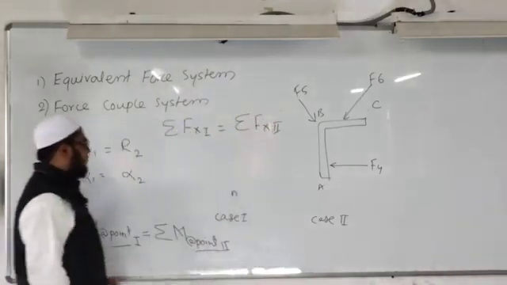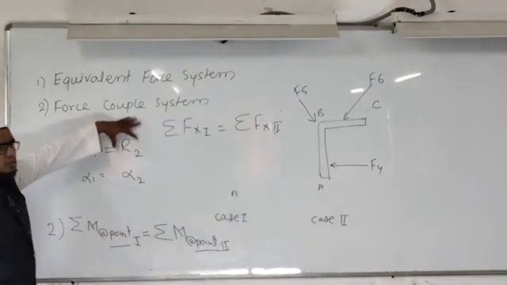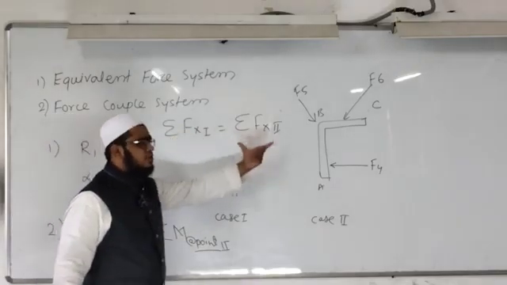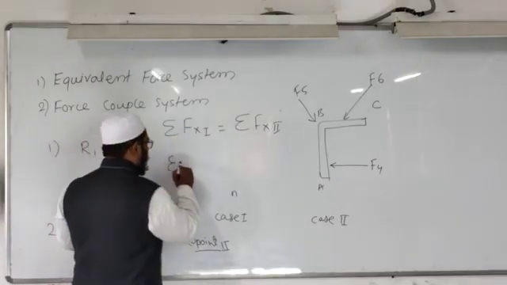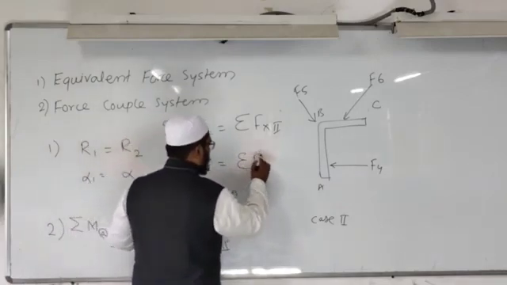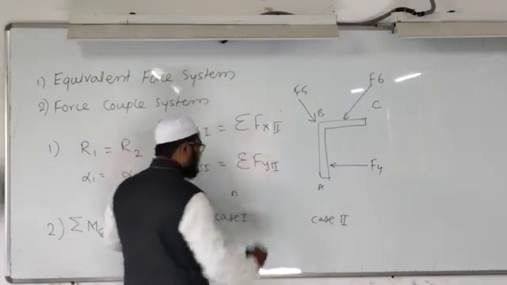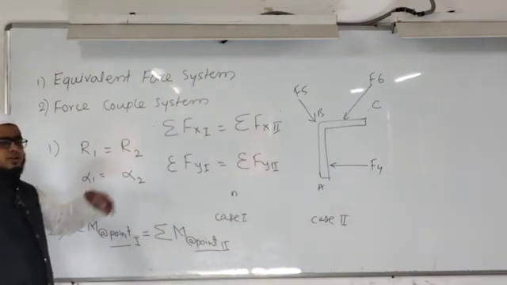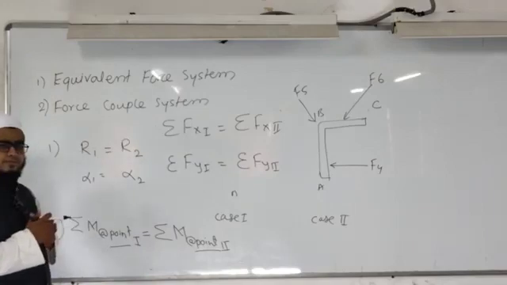That's why if resultant R1 is equal to resultant R2, therefore summation of Fx of first must be equal to summation of Fx of second, and summation of Fy of first must be equal to summation of Fy of second. Because summation Fx and summation Fy are the horizontal and vertical components of the resultant R.